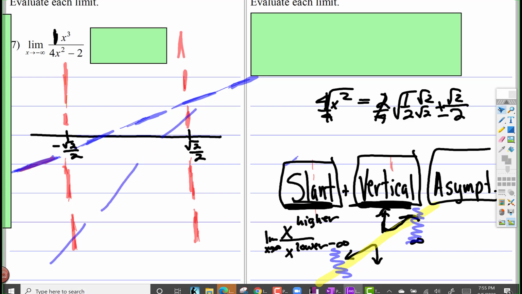That doesn't really matter because you don't care about any of the middle stuff of the graph. All you're caring about is what's happening at the very end of the graph. So as we're headed towards positive infinity, what is happening up here? As we're headed towards negative infinity, what would be happening with the y values?